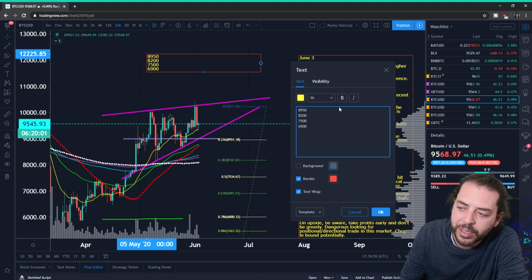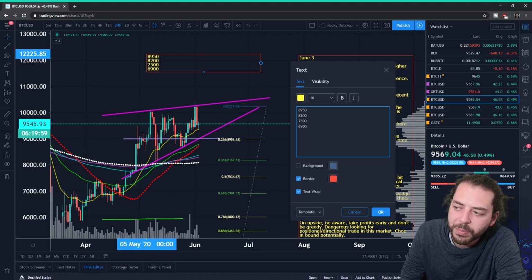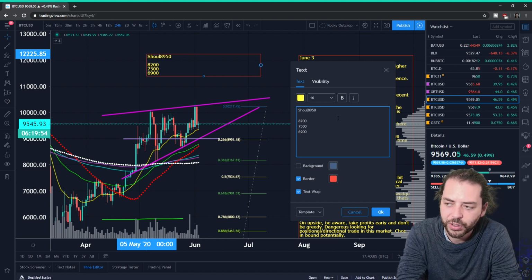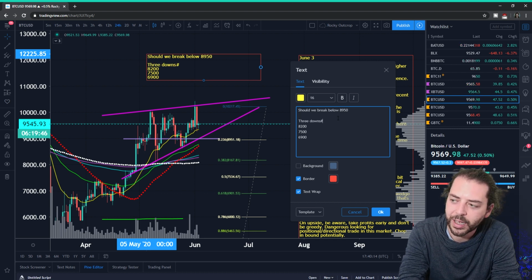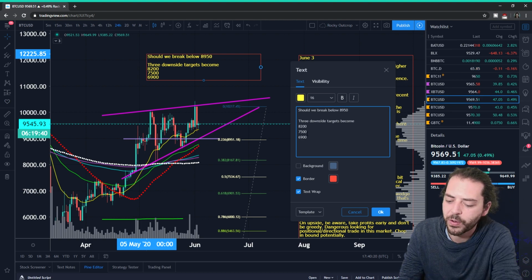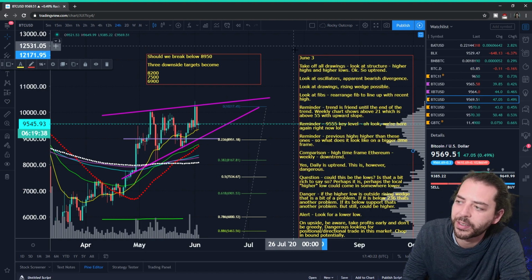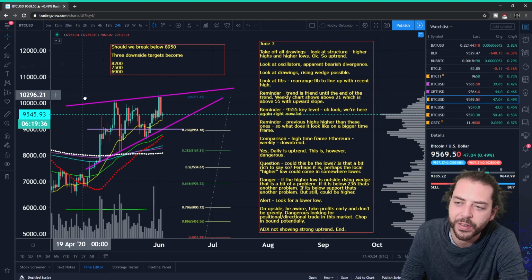That's what we'll call it for the three downside targets, should we break below 8,950. Those three downside targets become those three there. Okie dokie. So we have that on the chart. That makes things really nice and simple for everybody watching along.